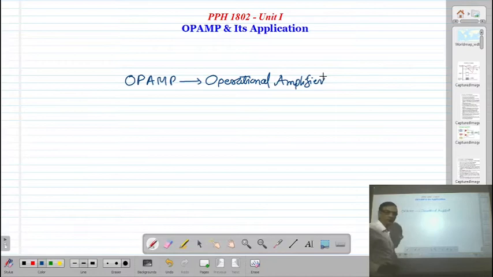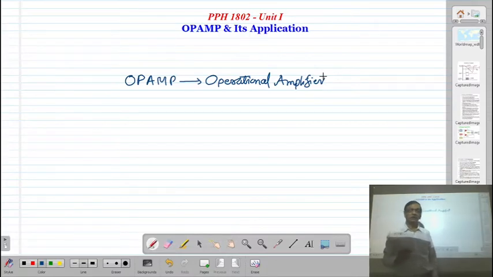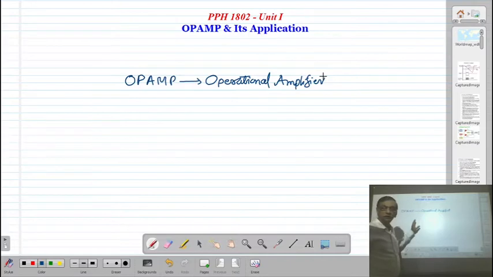Now, why is it known as the operational amplifier? We know that in mathematics, we have a number of operations like addition, subtraction, integration, differentiation. This op-amp can perform all types of operations. That's why it is known as the operational amplifier.